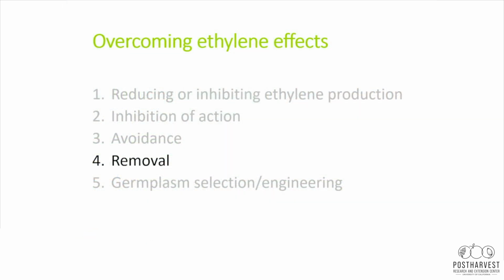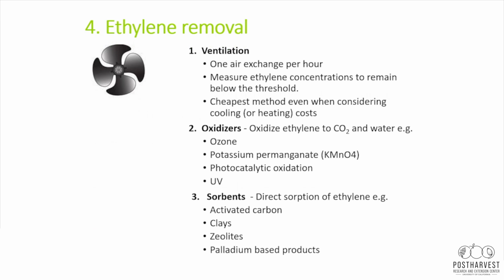Ethylene removal. That's a very important part for every operation. Ventilation, changing the air, 1 air exchange per hour, is the cheapest and most efficient way of reducing the ethylene presence in an enclosed room. You want to measure the concentration of ethylene and make sure it remains below the threshold.